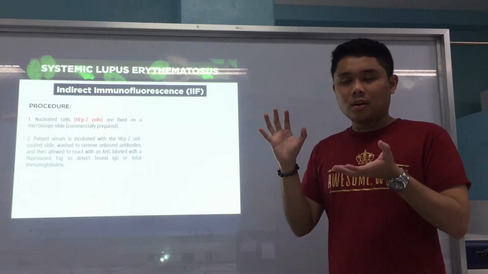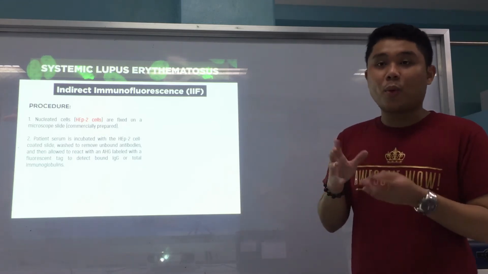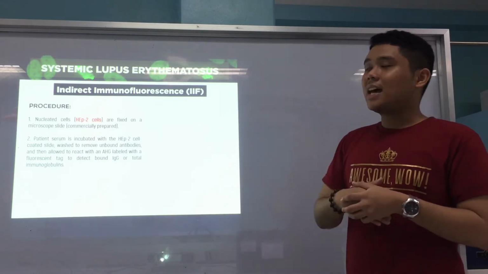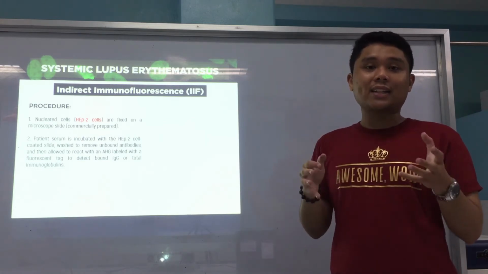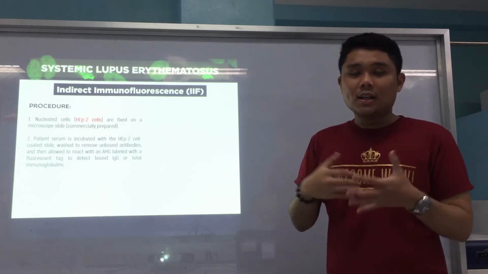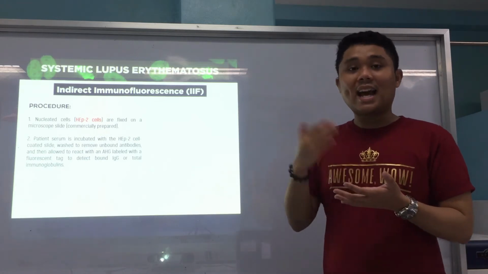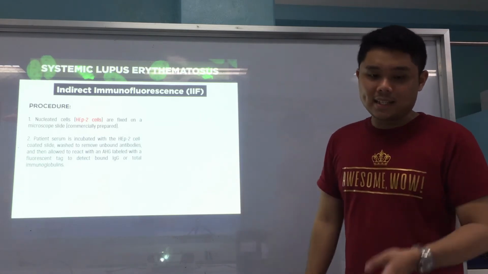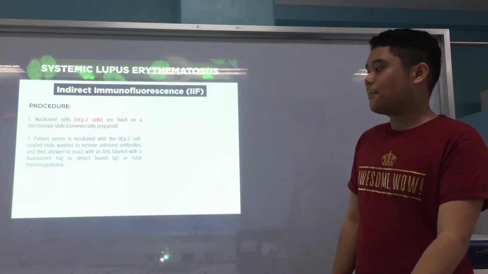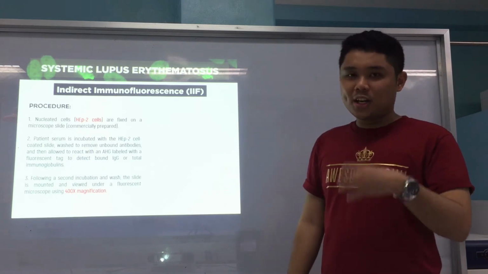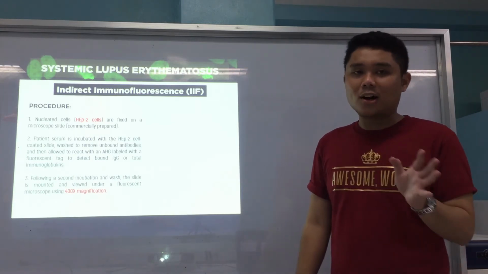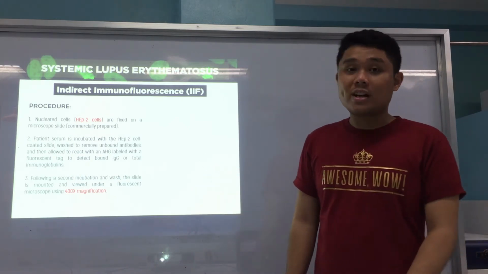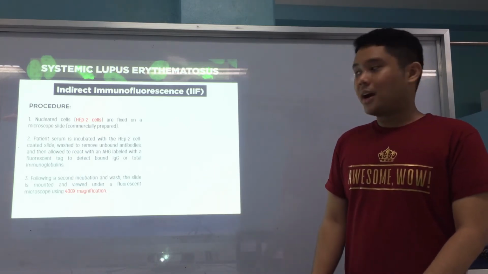After we let them react, we wash to remove the unbound antibodies, and then we add the AHG with the fluorescent label. It could be FITC or TRITC or other fluorophores. Then we incubate and wash again to remove unbound antibodies, and then we examine under 400x magnification using a fluorescence microscope.